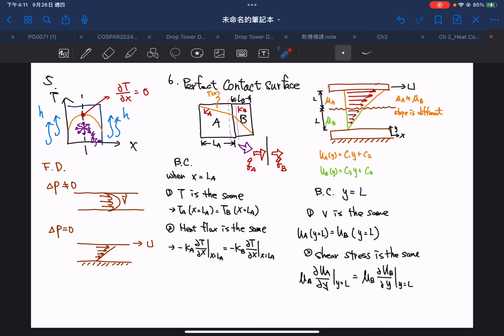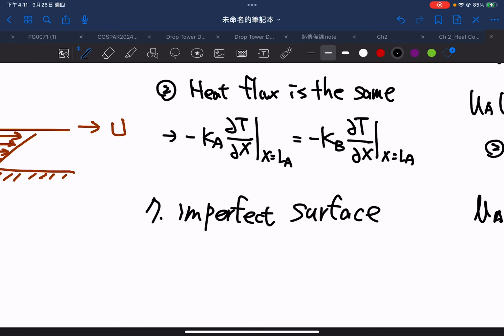Now, if there's a case with an imperfect surface, let's just use this space here. We have material A with a defect, and this is material B here.